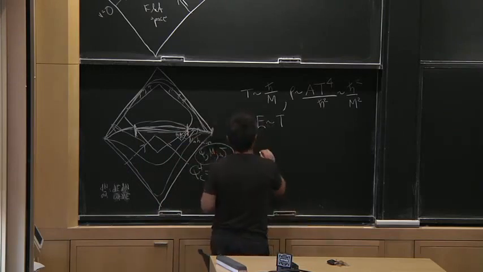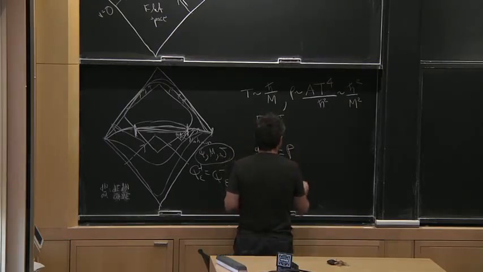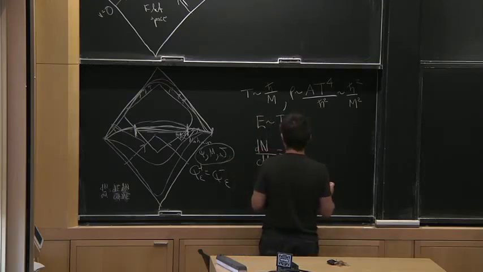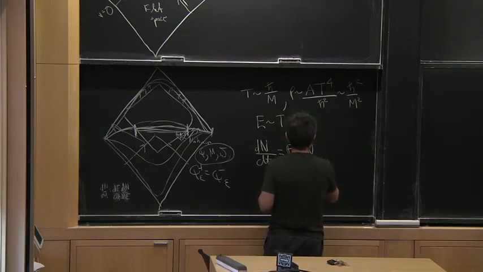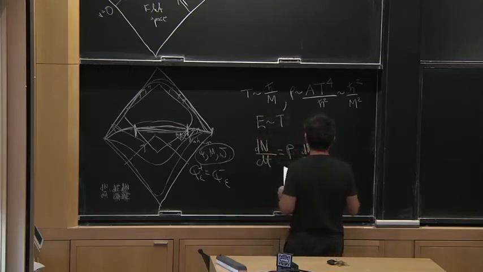Okay, so the rate of emission of these quanta with this energy is dN/dt, which is equal to the power, dE/dt, times dN/dE. But dN/dE is just 1 over the energy of each quantum. So that is h bar squared over m squared times m over h bar.